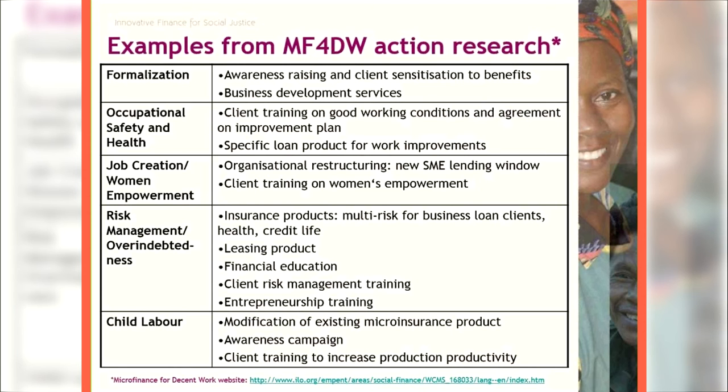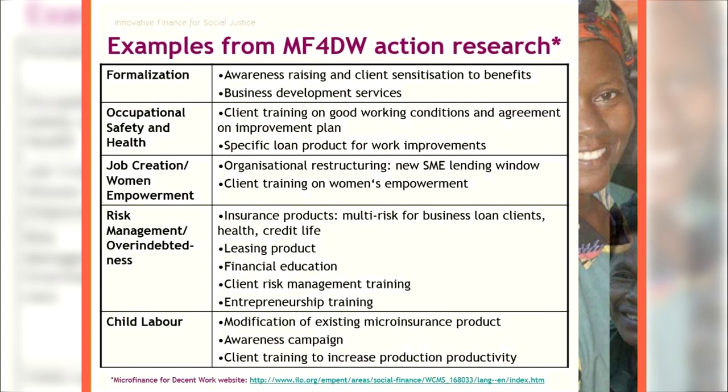For example, some institutions wanted to address formalization. There they introduced awareness campaigns and client sensitization to the benefits, and then linked them to business development services. For occupational safety and health, again, there was client training on good working conditions.